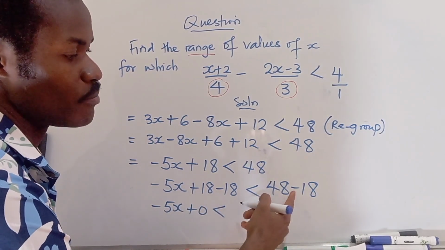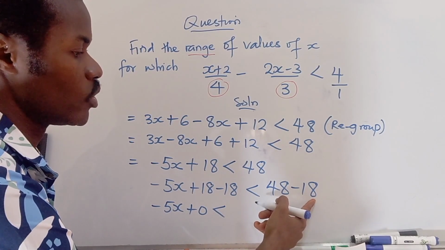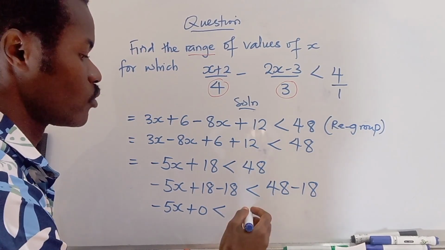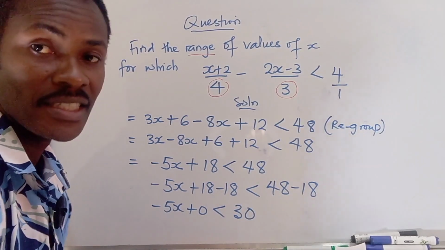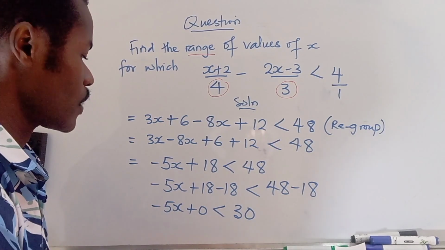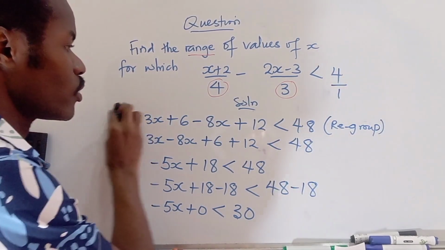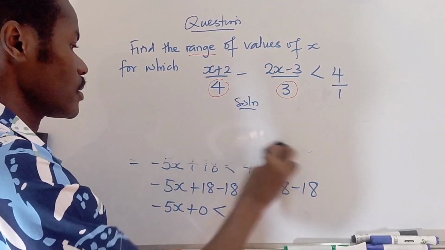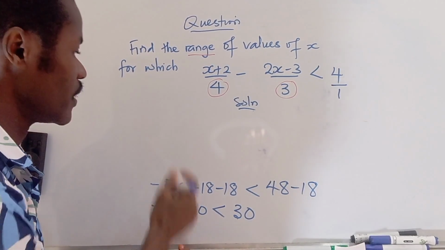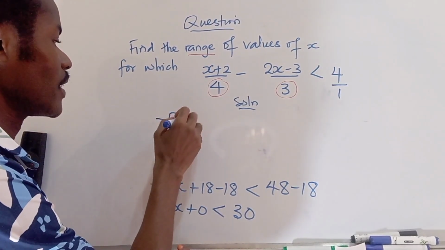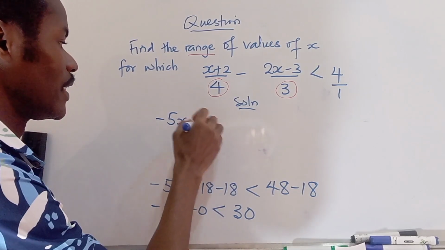Now 48 minus 18: 8 minus 8 is 0, 4 minus 1 is 3. So we have 30. So our minus 5x plus 0 is minus 5x, which is less than 30.